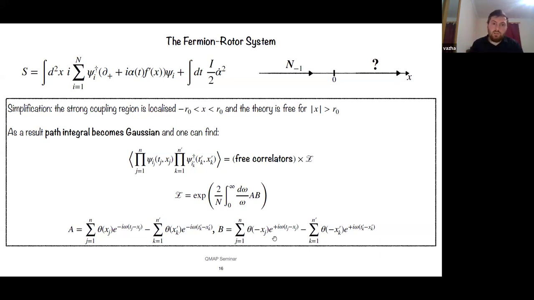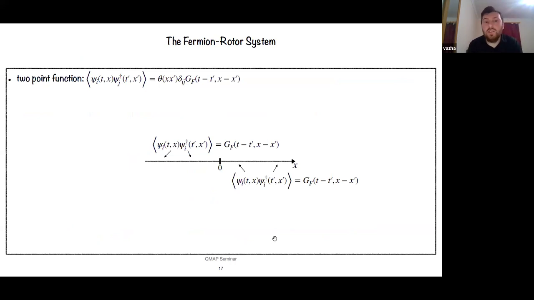So first we can calculate, let's say, two-point function. If you calculate two-point function, you will get what we were expecting. If you have two fermion insertions such that both fermions are inserted before rotor or both are inserted after rotor, you will get just free propagator for free fermion. That corresponds to the fact that, as I told you, theory before and after rotor is just theory of free fermion.